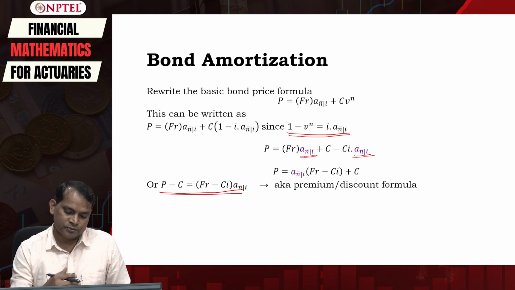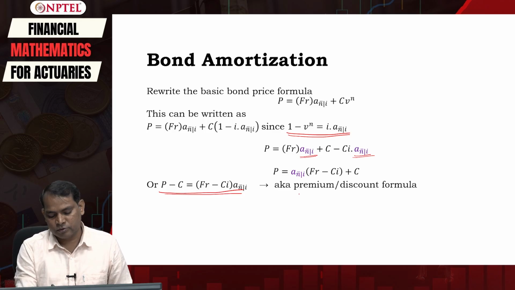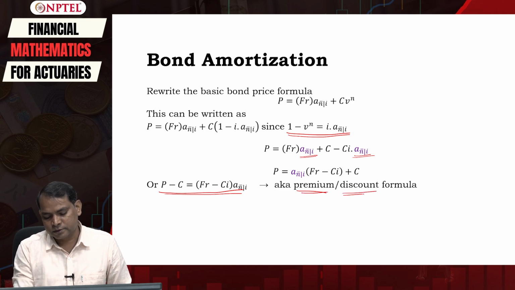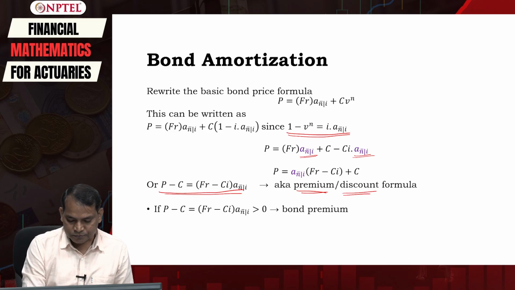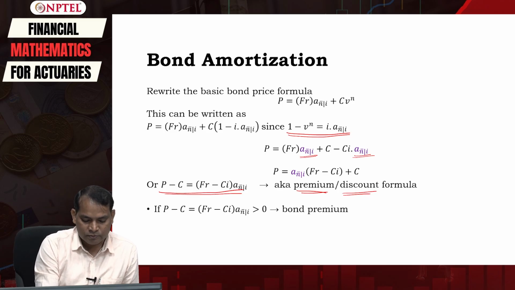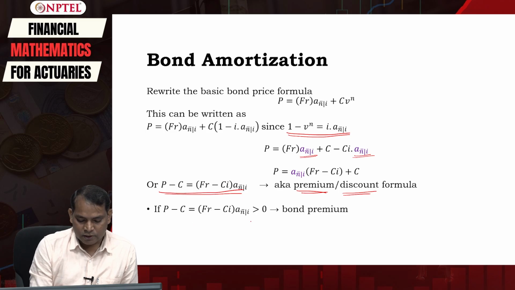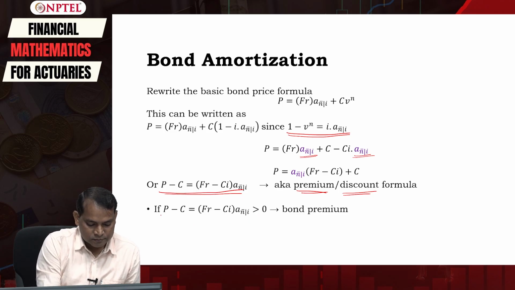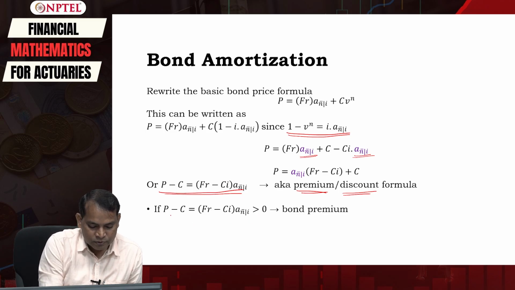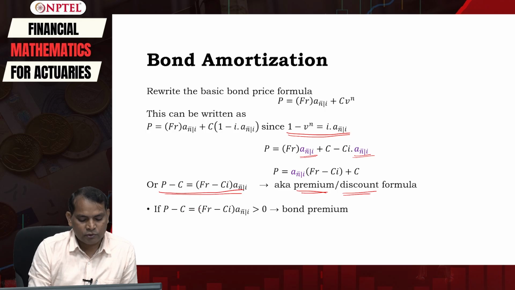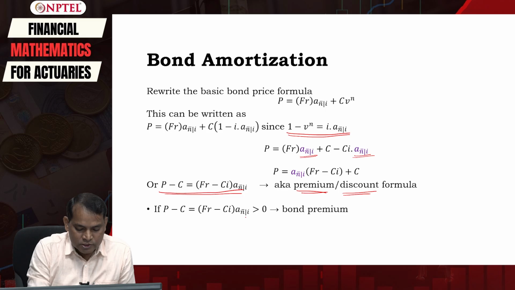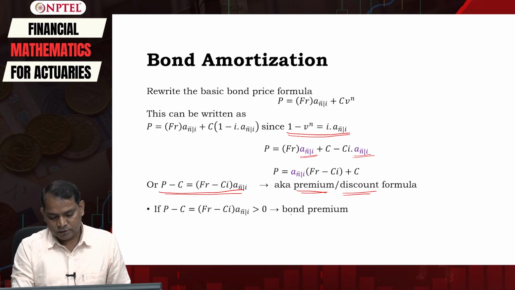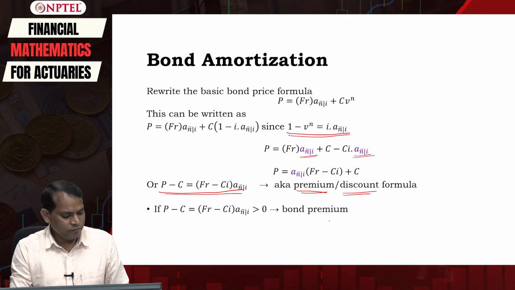We modify this formula depending upon what we are measuring, either a premium bond or a discount bond. If the value P - C = (FR - Ci) a angle n at i is positive, then the bond is a premium bond.